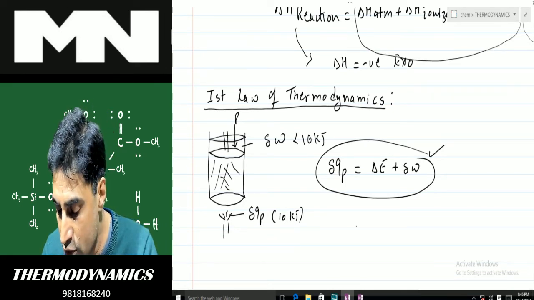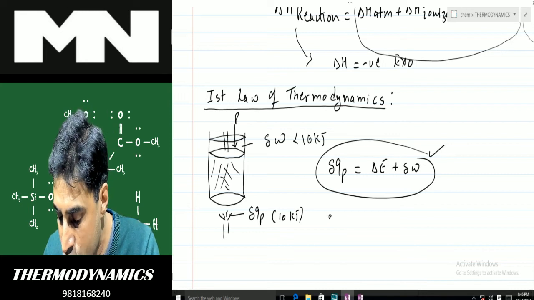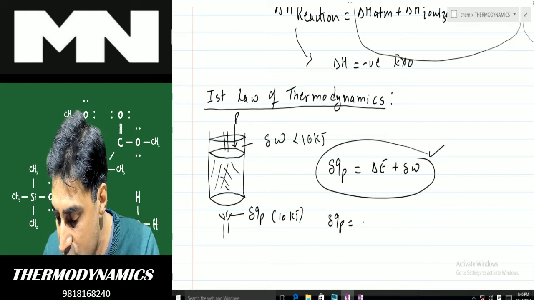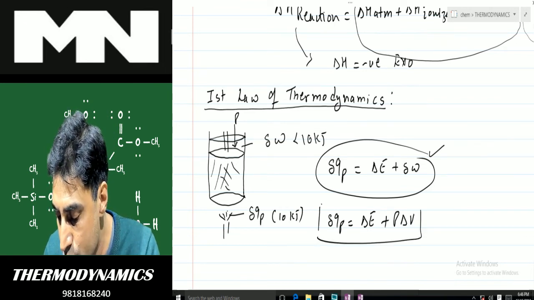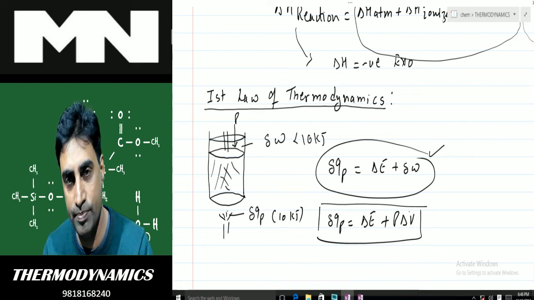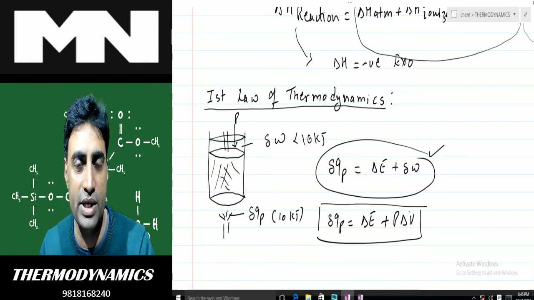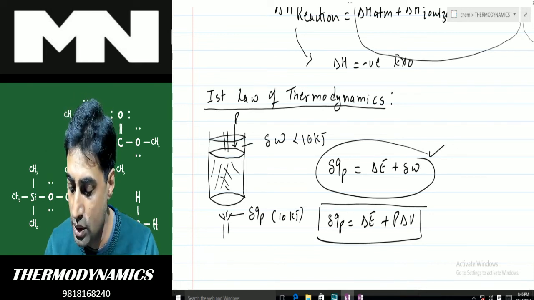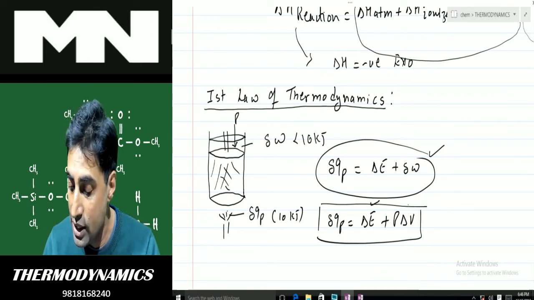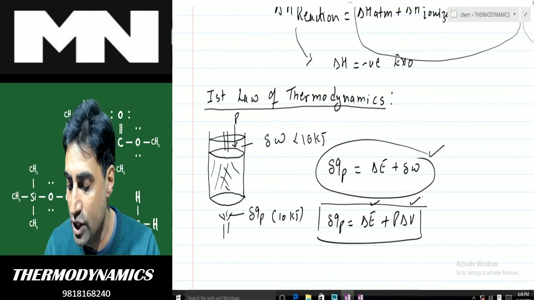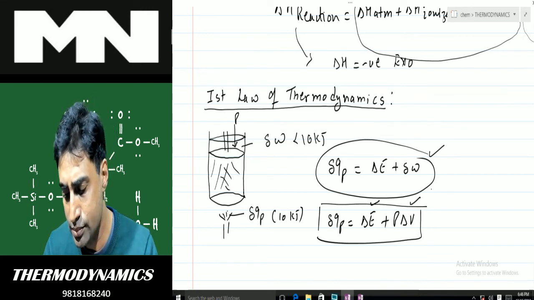If I am talking about work of expansion, this equation becomes del QP is equal to delta E plus P delta V. In this expression, you will see that only pressure is constant. So if a small amount of energy is given to a system, part of that energy is used to increase the internal energy. The rest is used to do the work of expansion.